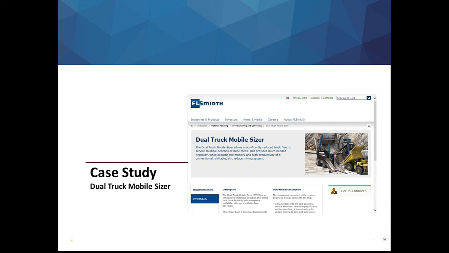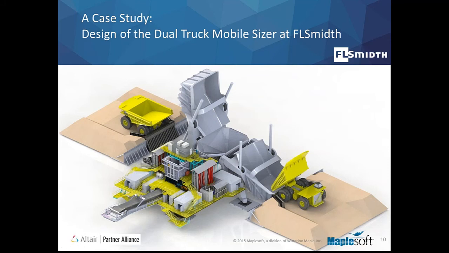A dual truck mobile sizer used in open mine systems handles raw material and brings more efficiency to the way material is handled. As you see in this picture, this system interacts with two ultra-class trucks, and it comes in different sizes. In its biggest size, it interacts with 400-ton trucks, and it can handle up to 12,000 metric tons per hour.